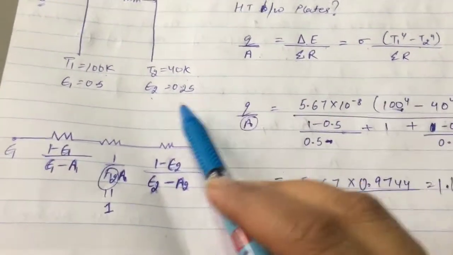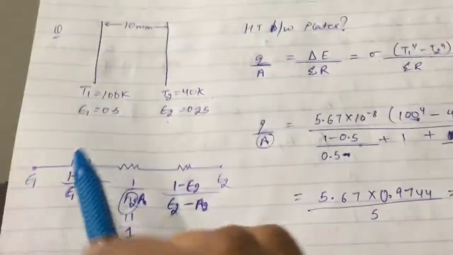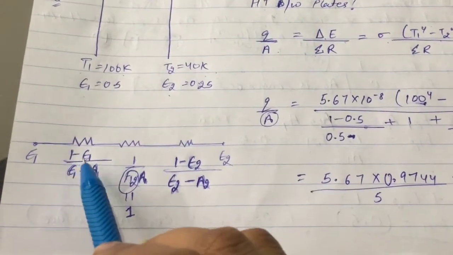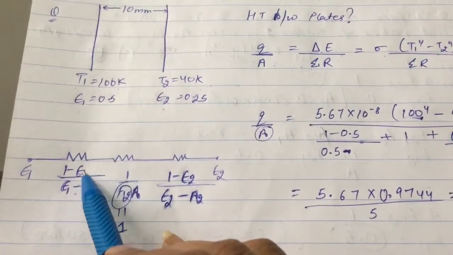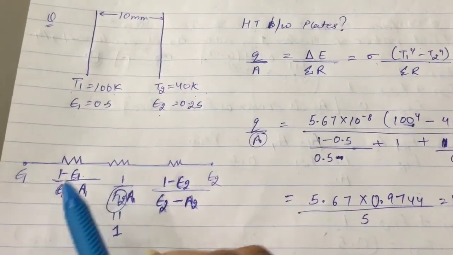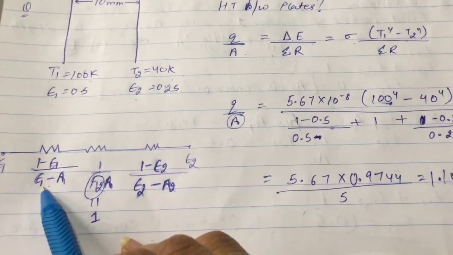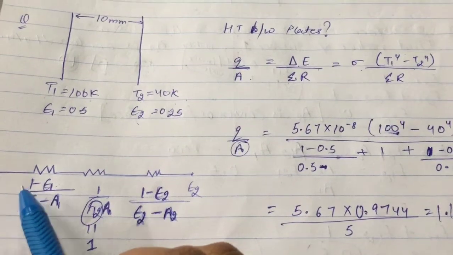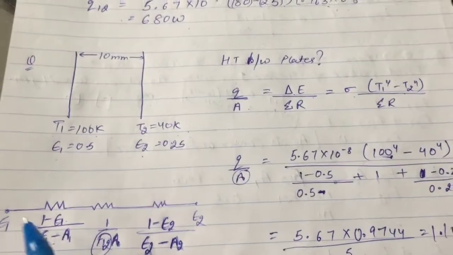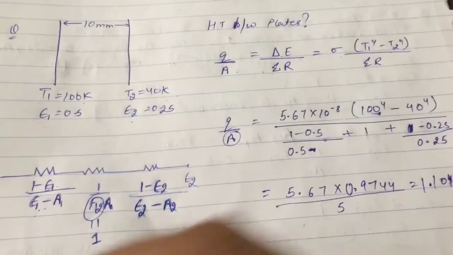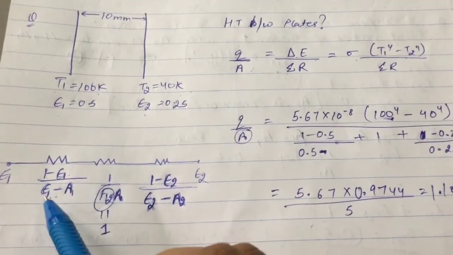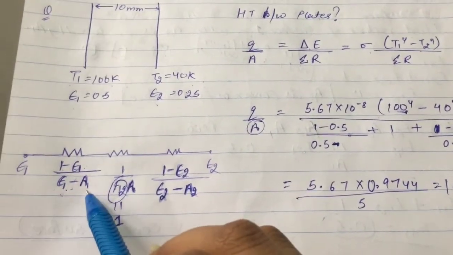So let's draw a network diagram for this. The surface resistance is given as 1 minus epsilon 1 upon epsilon 1 into A1.